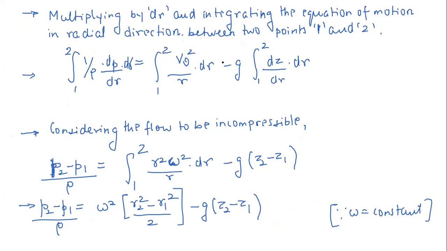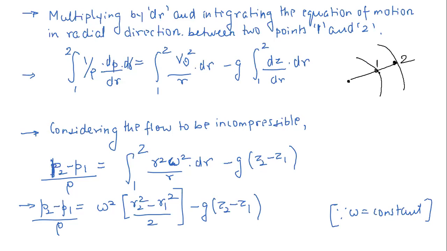In the radial direction, you have two concentric lines, and along this radius you have taken only two points, 1 and 2. You are interested to find out the difference in pressure between these two points. This is very similar to what we did in case of a free vortex flow. We are deriving the pressure distribution using the Euler equation of motion. You can simply do it by using the energy equation as well. For the energy equation, you can try yourself.